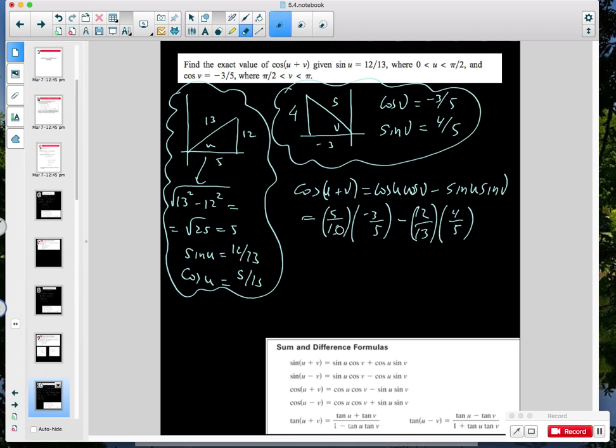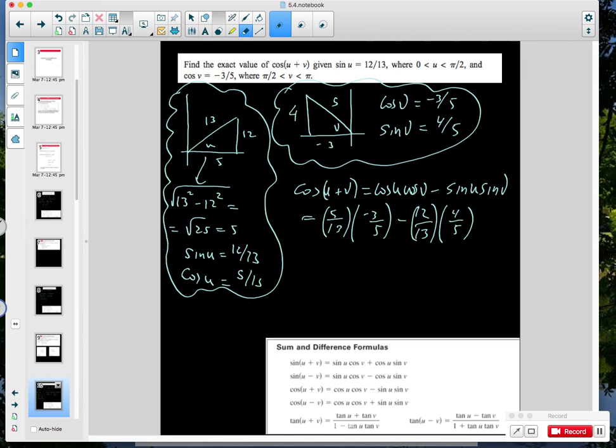Sorry, it's 5 over 13 for sine of v. So what is 13 times 5? 65. And the top is 3 times negative 5 gives me negative 15, and negative 48.